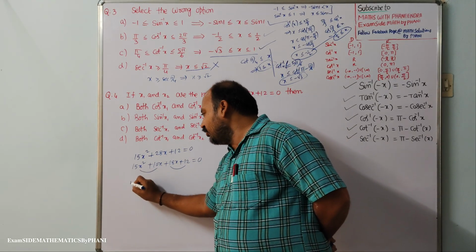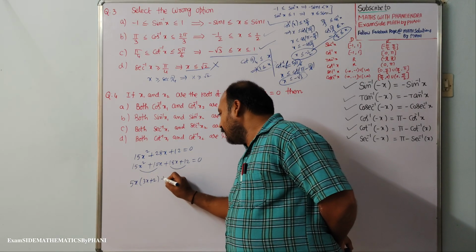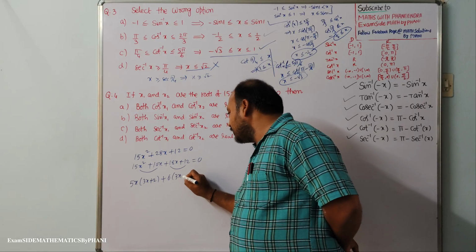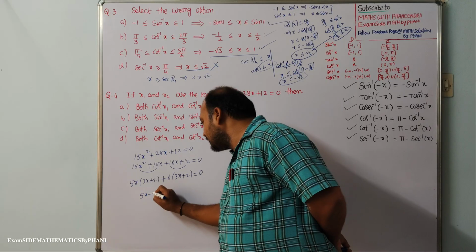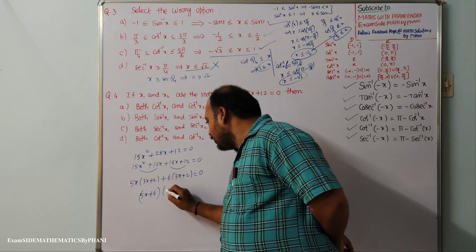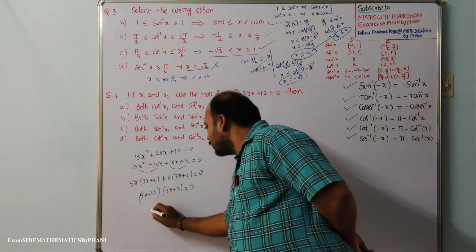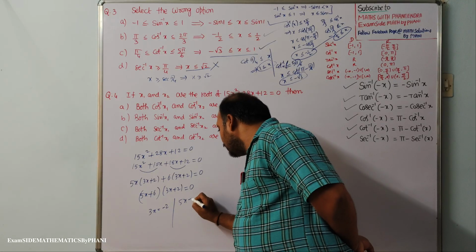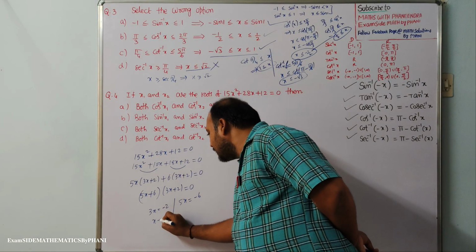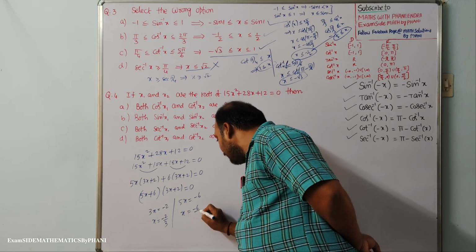From these two, 5x if we take out common, 3x plus 2 will be there. Plus 6 if we take out common, 3x plus 2 will be there. So now 5x plus 6 into 3x plus 2 equal to 0. So 3x is equal to minus 2 and 5x equal to minus 6. X is equal to minus 2 by 3 and x is equal to minus 6 by 5.